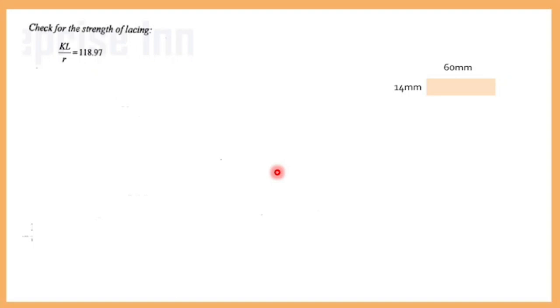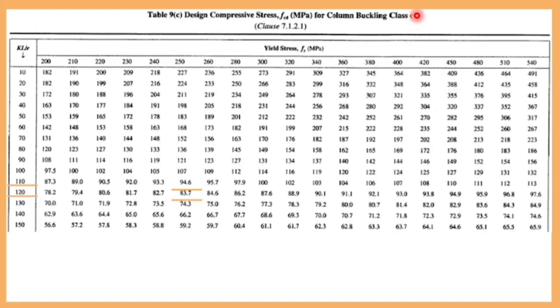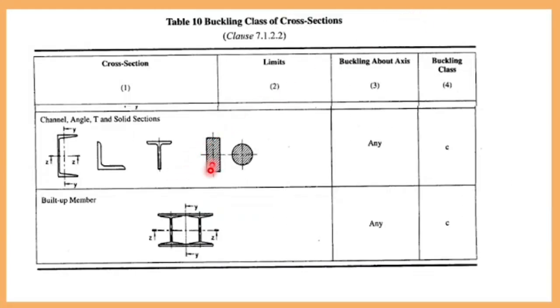Check for strength of lacing. So you have provided everything. Now you are checking for the strength. That is KL by r. You have already found out this plate is 118.97. Since this is a solid section, you are having the buckling class of c. For a solid section, the buckling class is c.